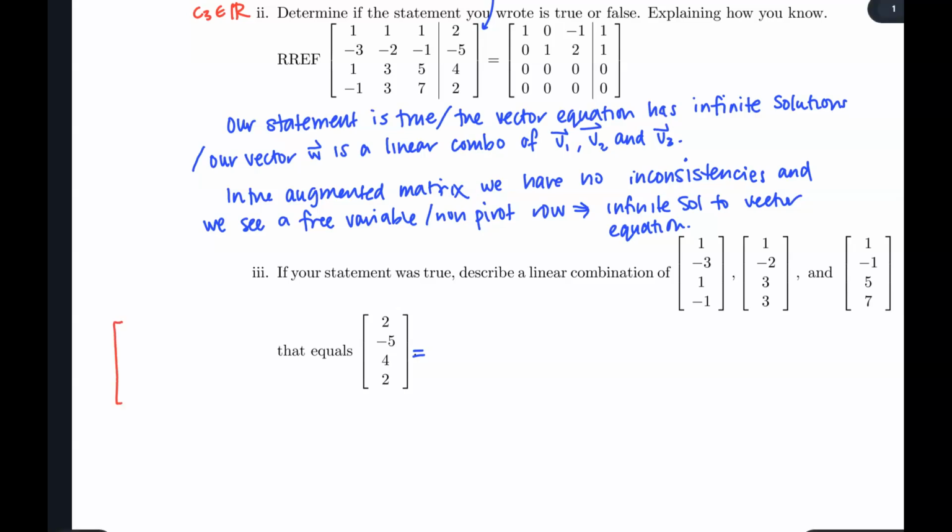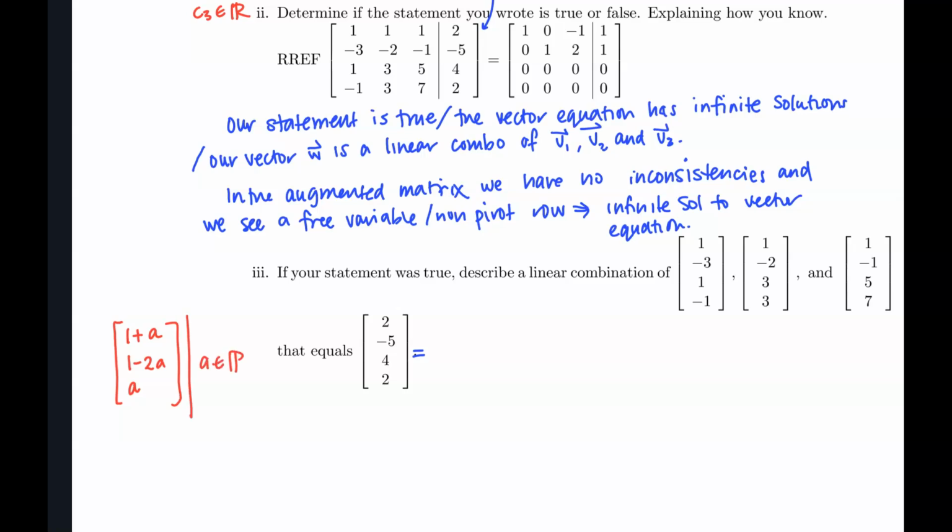We have a free variable A for the third variable, that's C3, because that third vector is actually dependent on the first two. And then we have a 1 minus 2A and a 1 plus A. So this is the solution set.